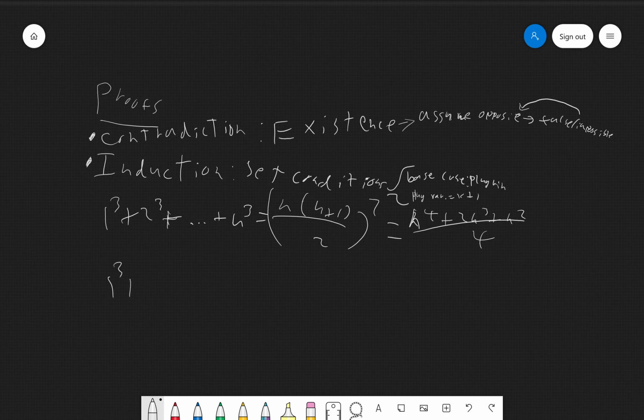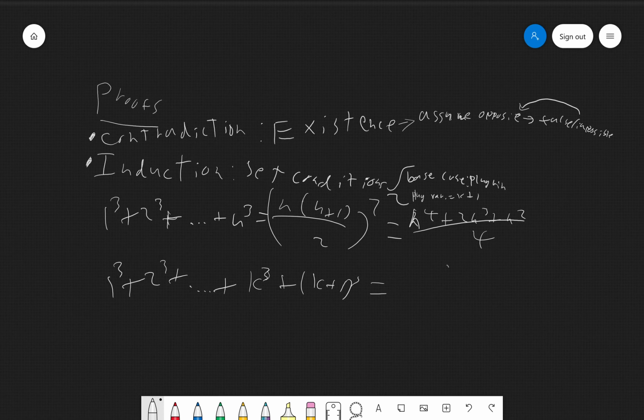So we're going to have 1 cubed plus 2 cubed plus dot dot dot plus k cubed plus (k plus 1) cubed equals, plug in k plus 1 here. Oh god, I don't want to do it to the 4th. So I kind of like this one more, so I'm going to do that.